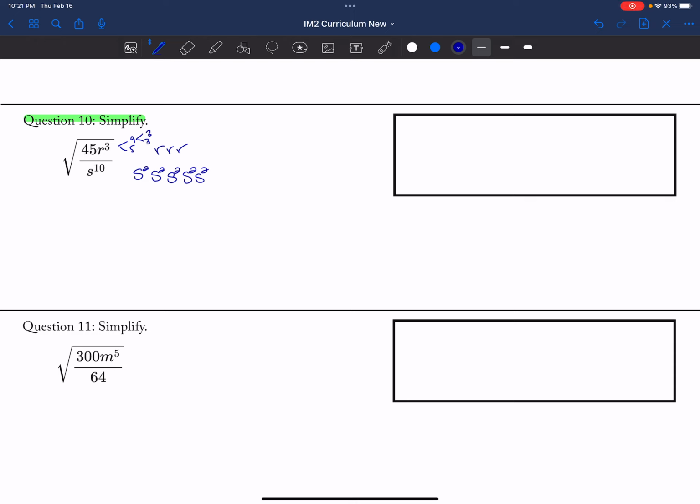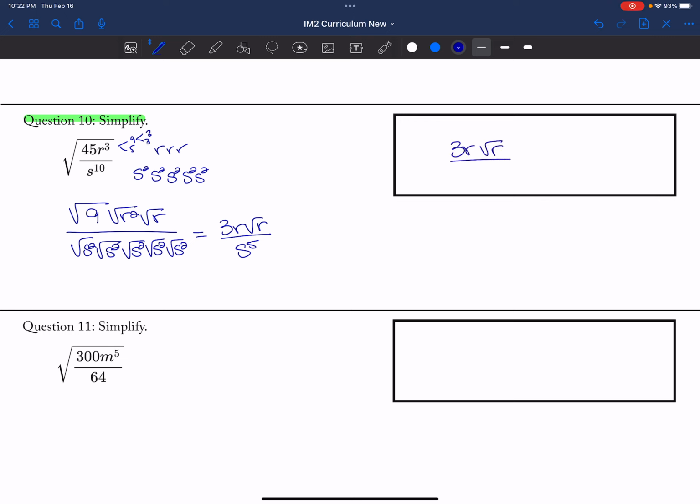Okay, so now I have the square root of 9 in the top, the square root of r squared, the square root of r, all in the top, and then I have 1, 2, 3, 4, and 5 s squareds. So this gives me 3r root r and then s to the 5th. 3r root r over s to the 5th.